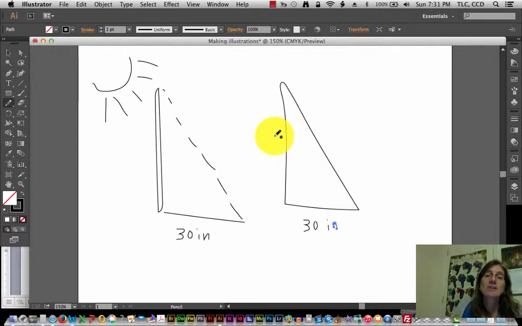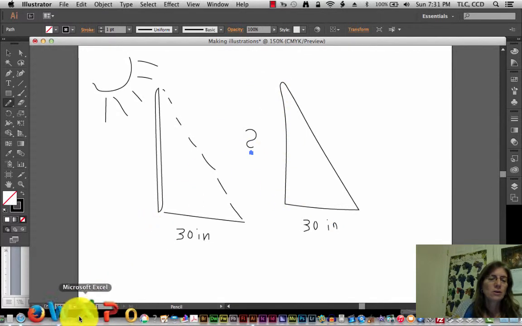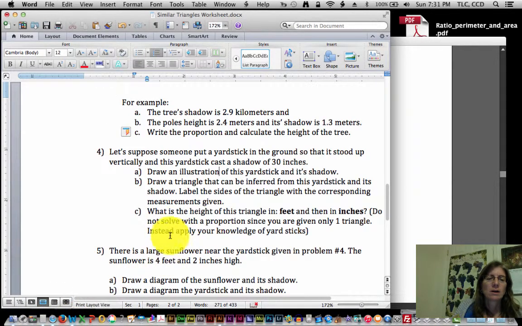Now here's the interesting part. You're just told this is a yardstick. So how do you know what this height is? If you look, that is part of the question. It says, what is the height of the triangle in feet and then in inches? And I'm telling you here, do not solve with proportion.